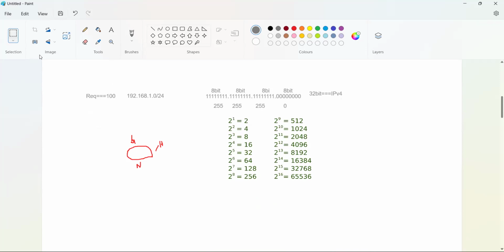That is the reason for 0. But this value is 255.